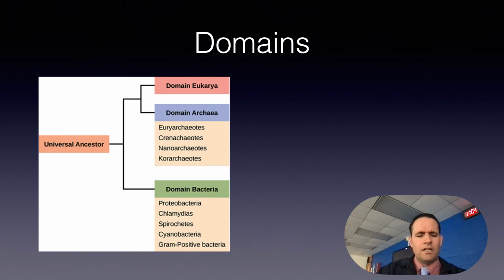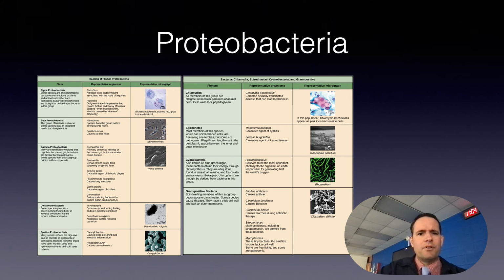So recall, this is kind of like a good overview here. Recall that prokaryotes are divided into two different domains: bacteria, shown here in green, and archaea, shown here in blue, which together with eukarya comprise the three domains of life. Now we'll talk about Proteobacteria. The characteristics of bacterial phyla are described in these two figures.